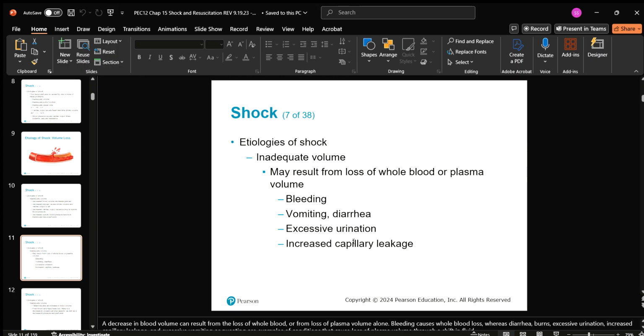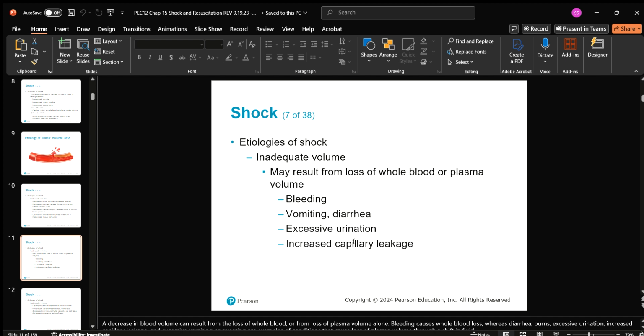So a question might be like, what type of shock is he in? So what type of shock would he be in? This is kind of jumping ahead. Hypovolemic shock. So hypo meaning low, volemic volume, so low volume shock.